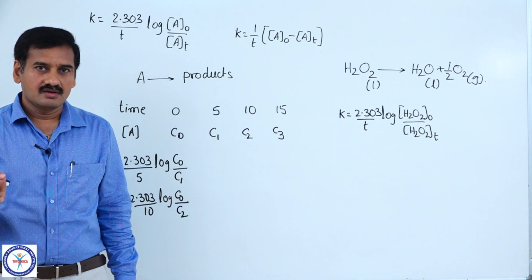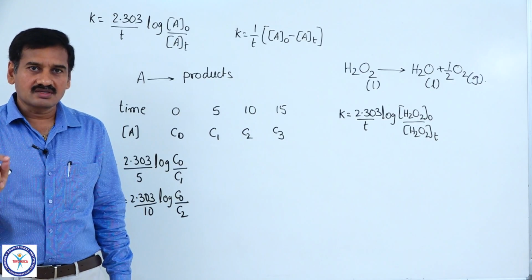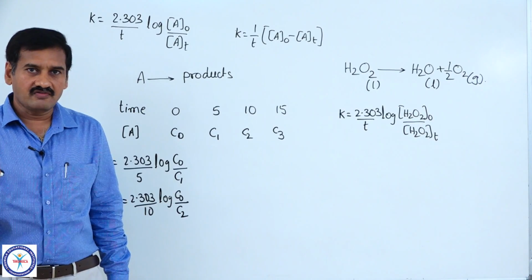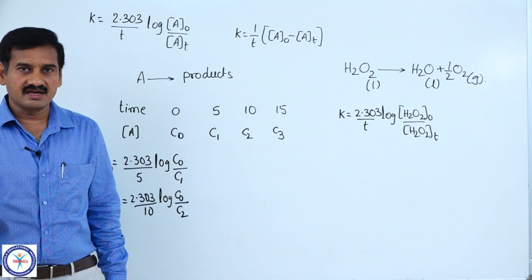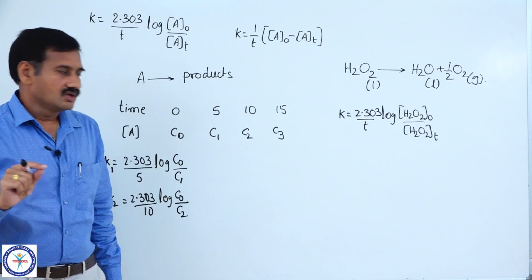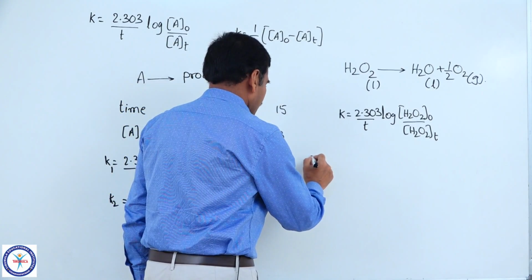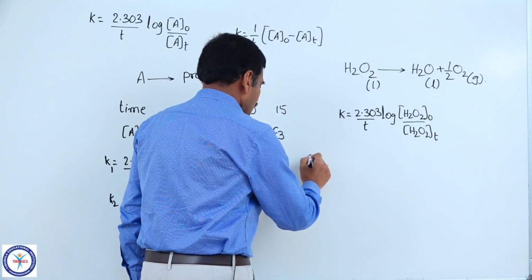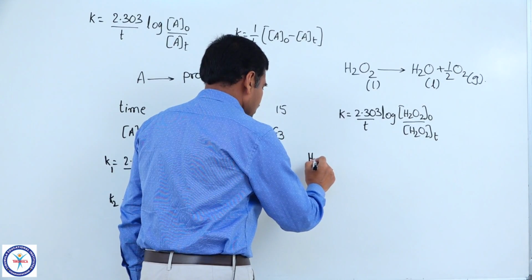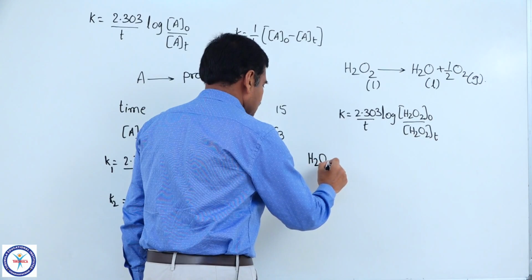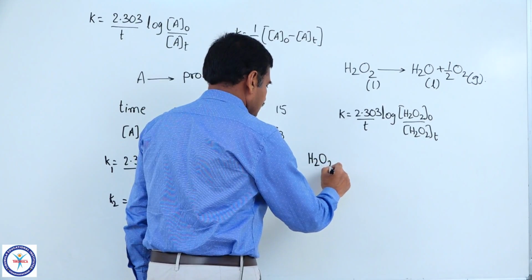If you remember, you already studied the oxidation reactions and reduction reactions of hydrogen peroxide, such as the reaction between H2O2 and KMnO4. H2O2 acts as a reducing agent which reduces acidified potassium permanganate.